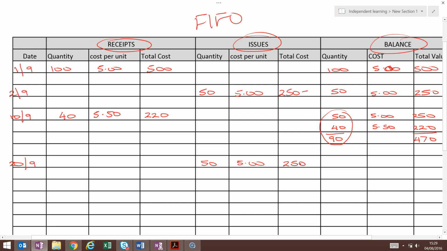And then we need another 10, so we take it from the second batch. So we take 10 of the ones that we paid £5.50 for. So that's our total issue. We've issued 60, £305.